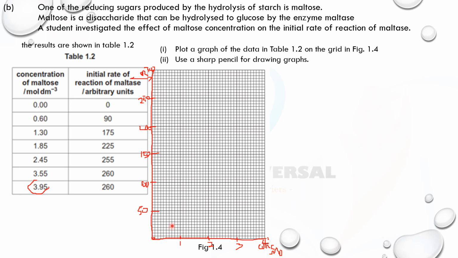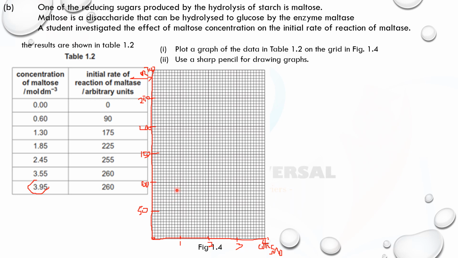Against 90, so take it up. 90 should be a box here.